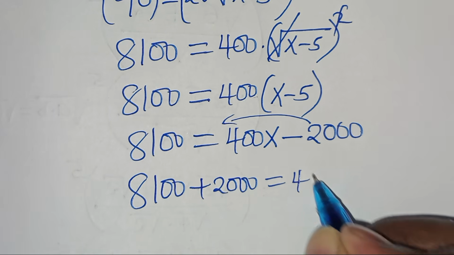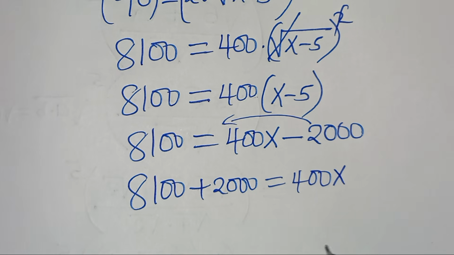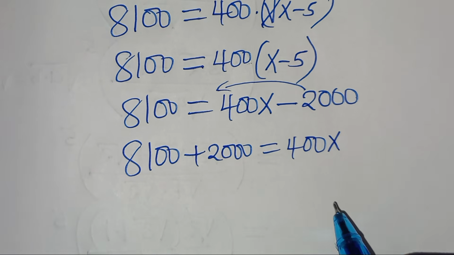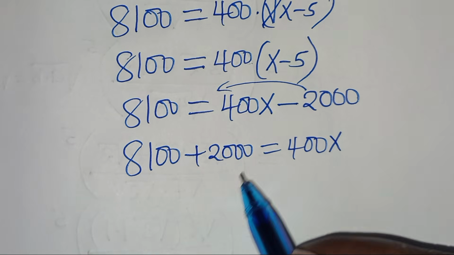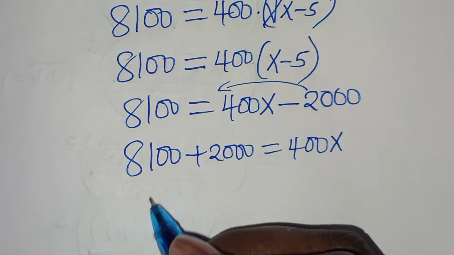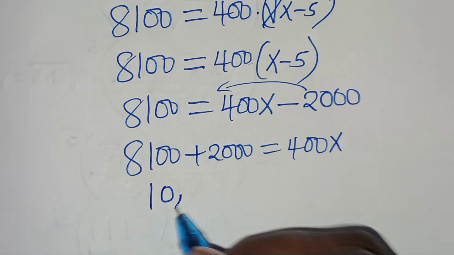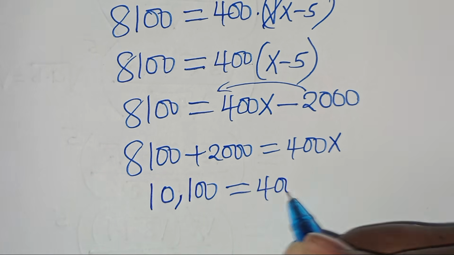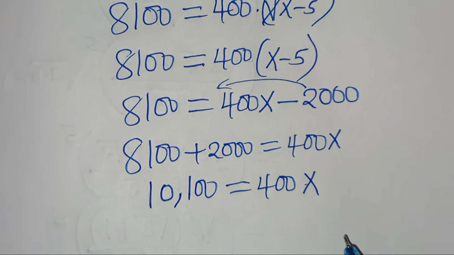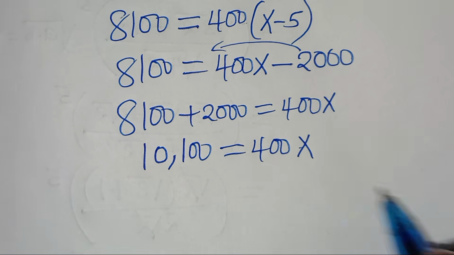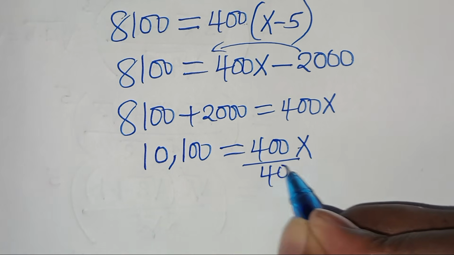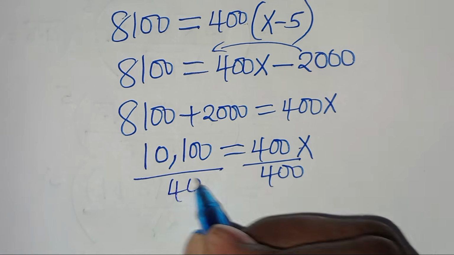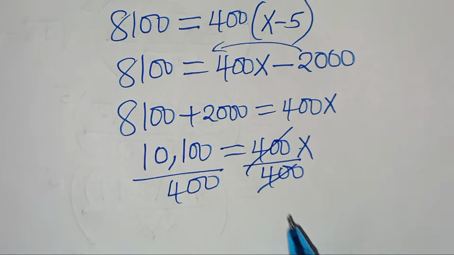This is equal to 400x. Now 8100 plus 2000, this is 10,100, and this is equal to 400x. Now let's divide both sides by 400.